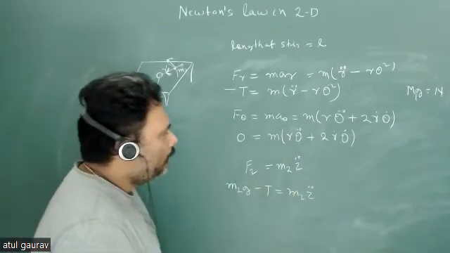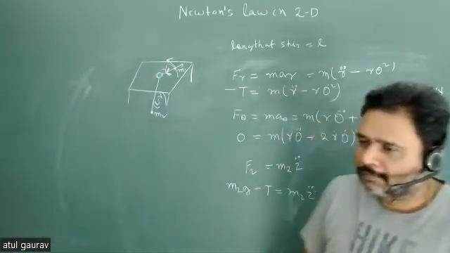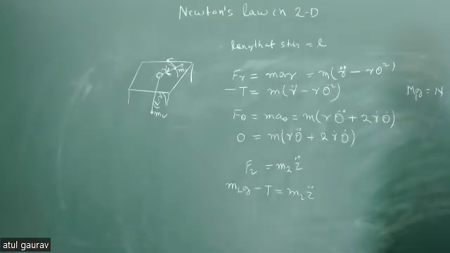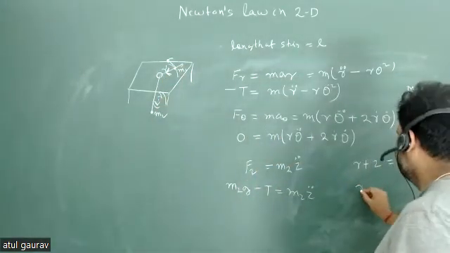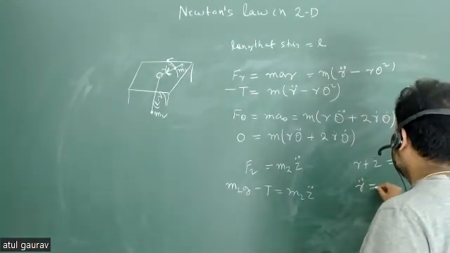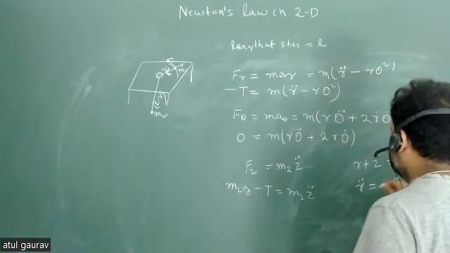And now, what is the equation of constraint? Length. So that will be R plus Z is equal to L. This is your R, this is your Z. R plus Z is equal to L means R double dot is equal to minus Z double dot.